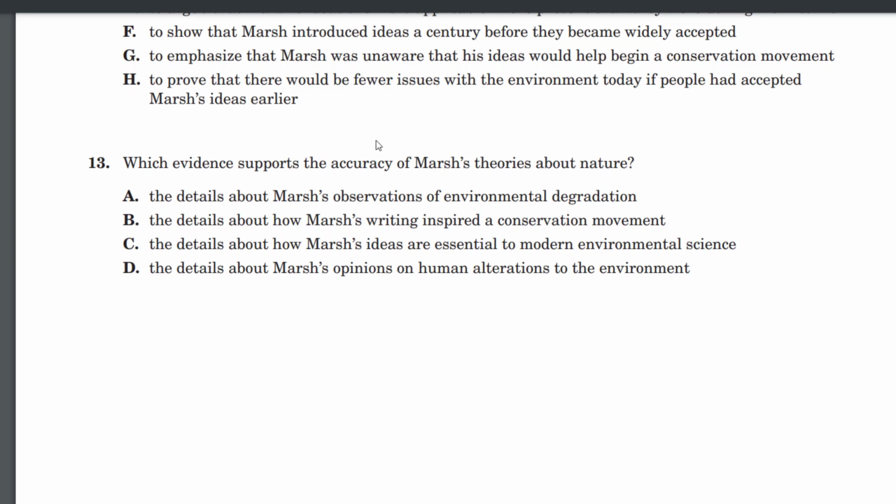Nonetheless, we would still categorize this as a command of evidence question, and only one answer will answer the conditions. To summarize, if you're answering command of evidence questions, after you've identified them, make sure you identify the key conditions of the question. There's only one answer choice that will match those exact conditions.